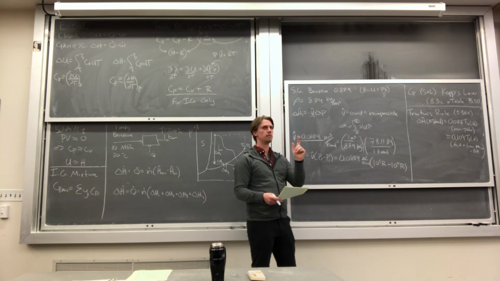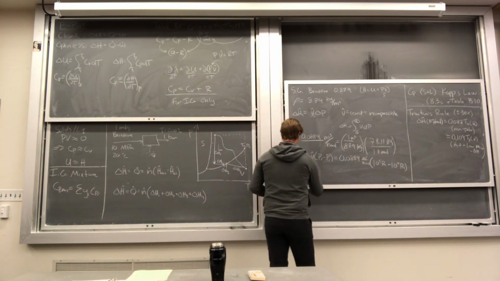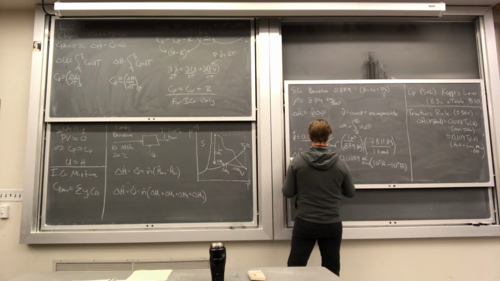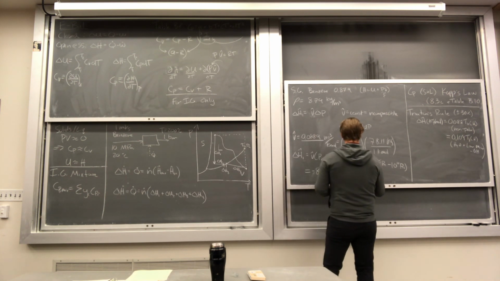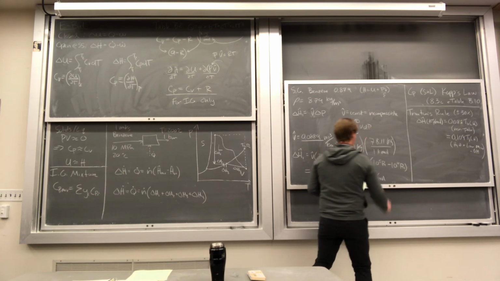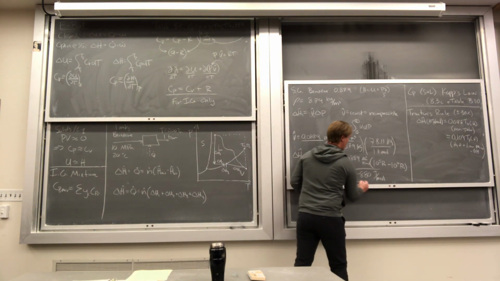Joule. Meter cubed pascal is a joule. So that gets my delta H to be minus 8.80 times 10 to the 5 joules per kilomole, which is equal to minus 880 joules per mole. All right, I got one of my delta H's knocked out.